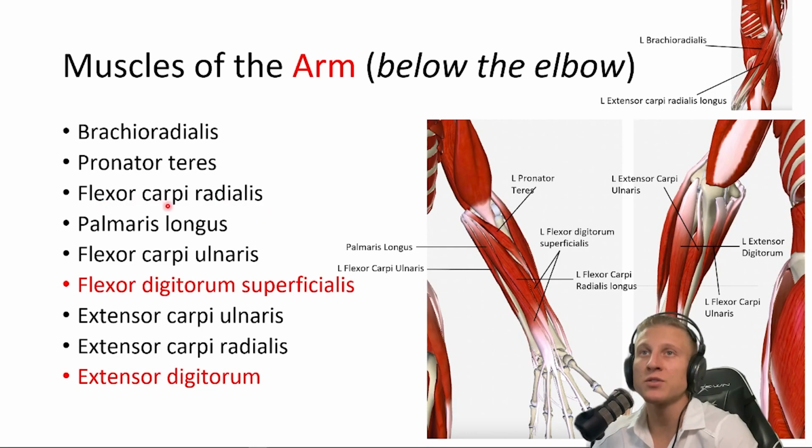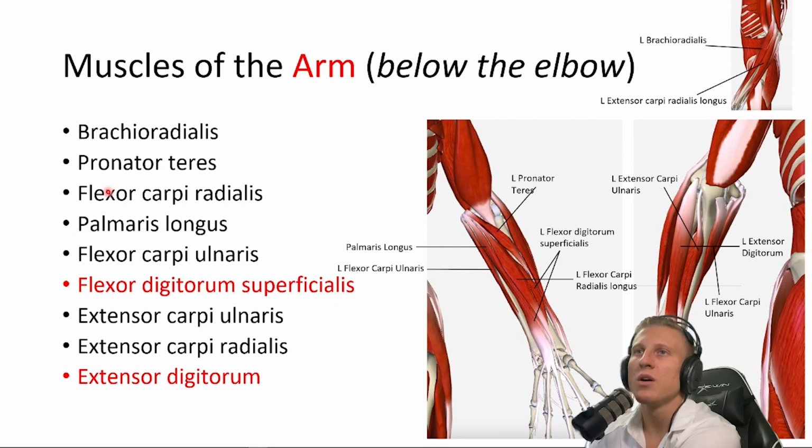Note that we have flexor carpi radialis and flexor carpi ulnaris, and then we also have extensor carpi ulnaris and extensor carpi radialis. So there's kind of a natural pairing here going on between flexors on the radius side and the ulnar side, and same thing with extensors on the ulnar and radius side. Okay, so just put that little mental categorization in place; it'll help organize your thoughts.